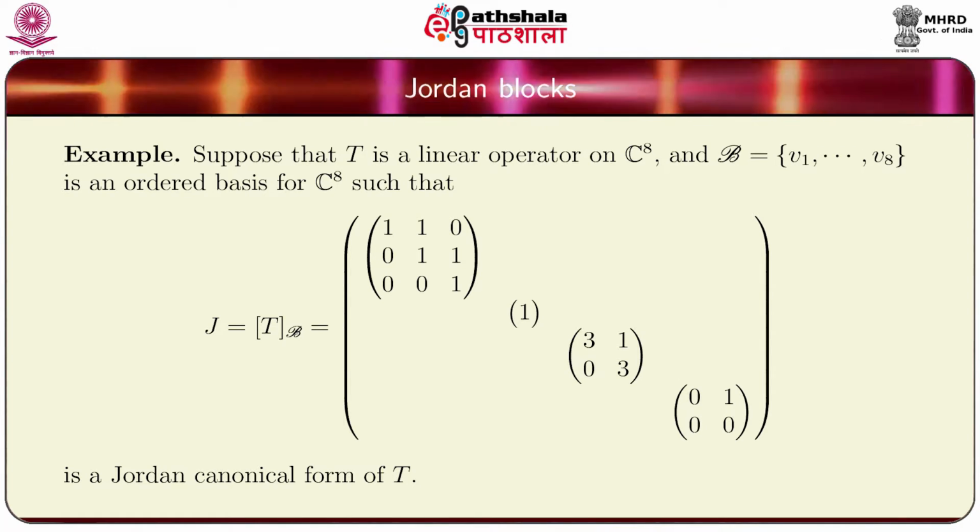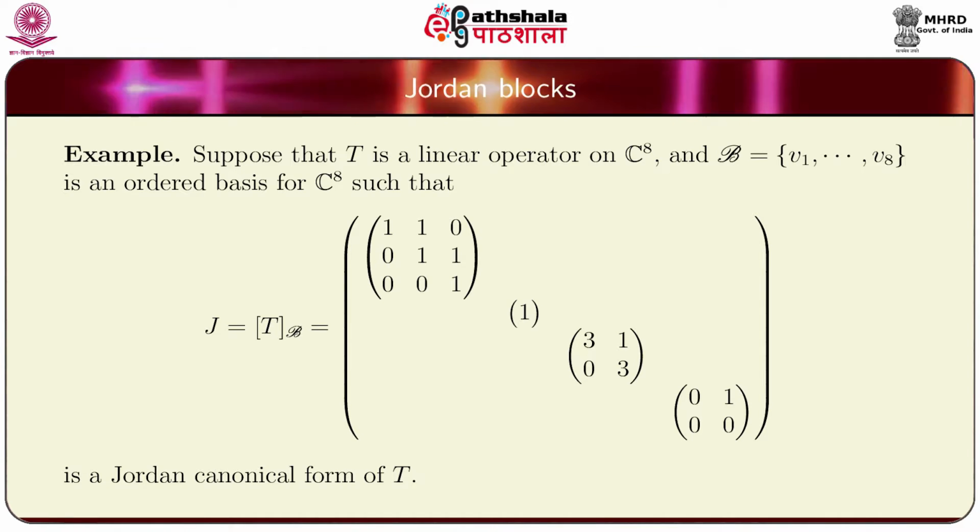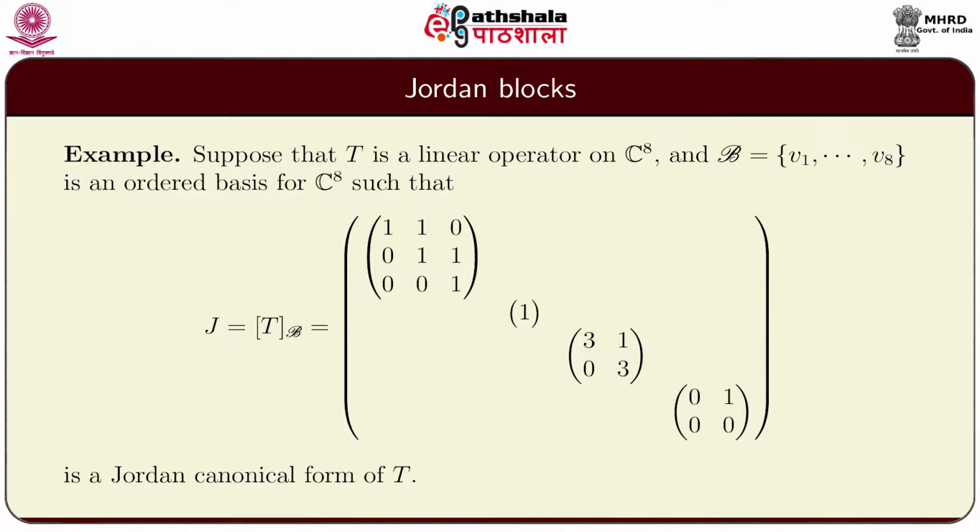So, this is a Jordan canonical form for the operator T, and B is a basis which gives rise to this Jordan canonical form. So, a Jordan canonical basis. In this block form, except for those 4 blocks, every other entry is 0.